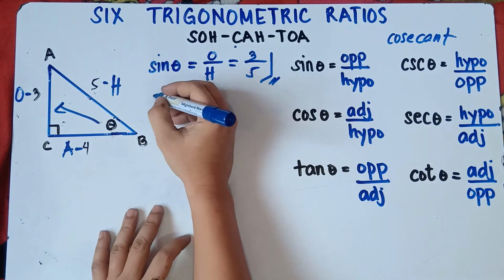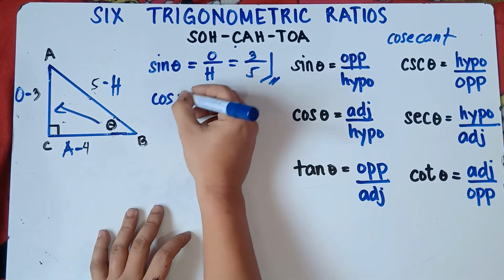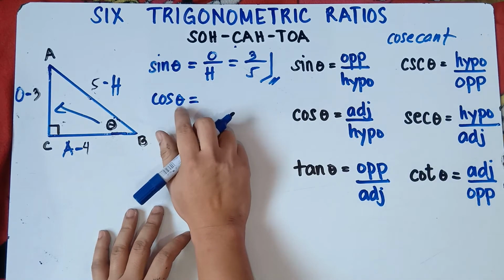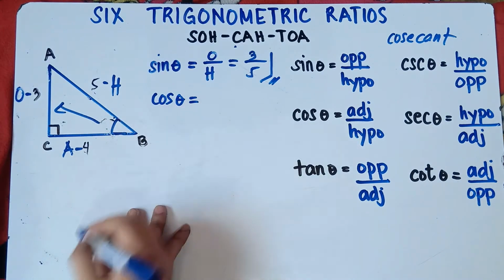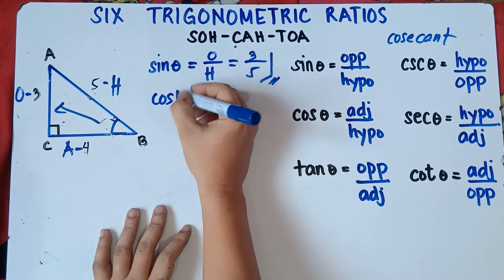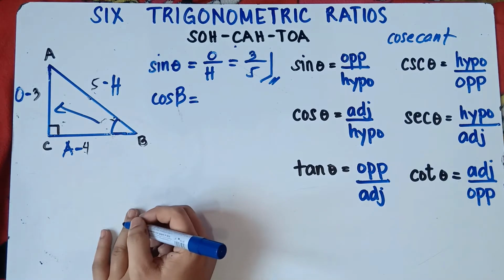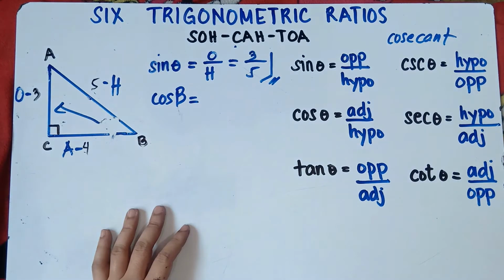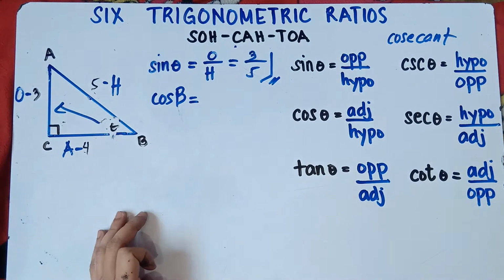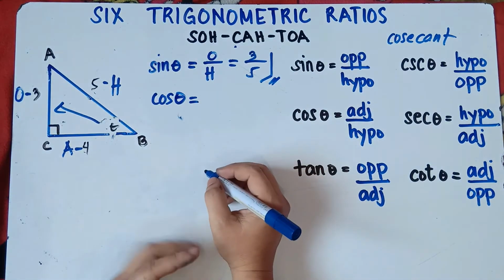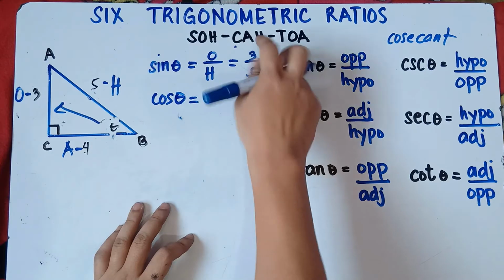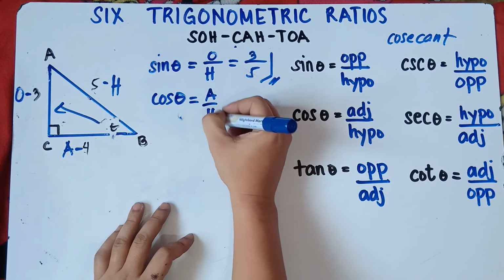So let's have cosine theta. Do not forget theta, class, it means your reference angle. If you don't have theta here and you're referring to angle B, then you write cosine B, capital B. Since we have a reference angle that is theta, we need to write cos theta. Cosine is A over H, adjacent over hypotenuse.